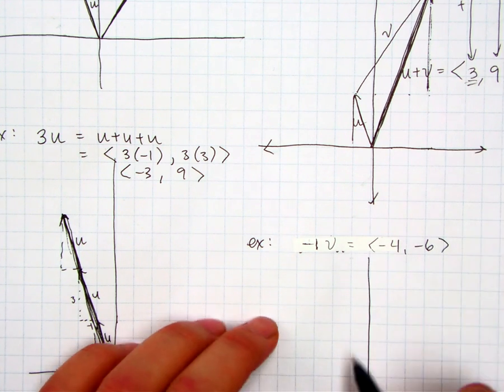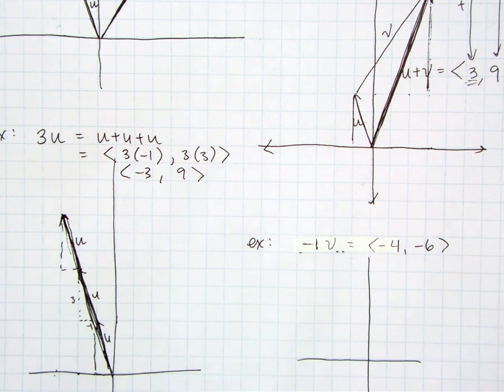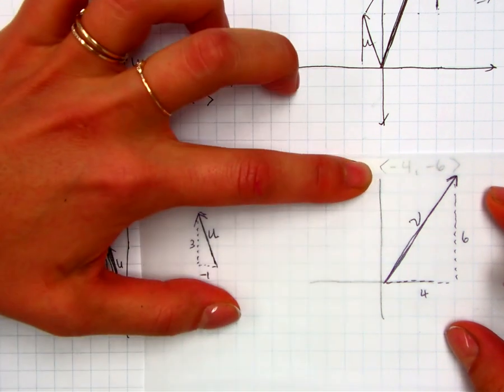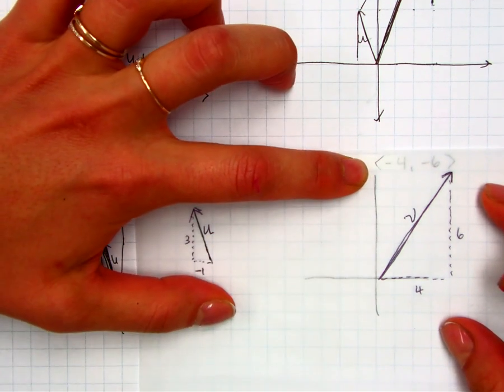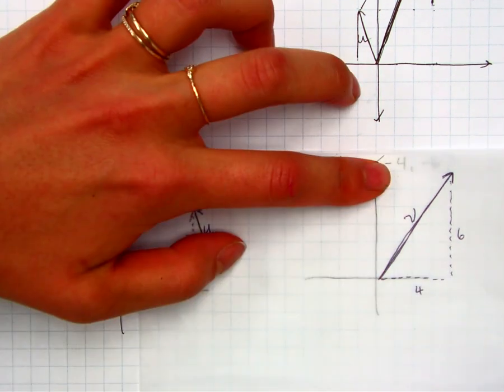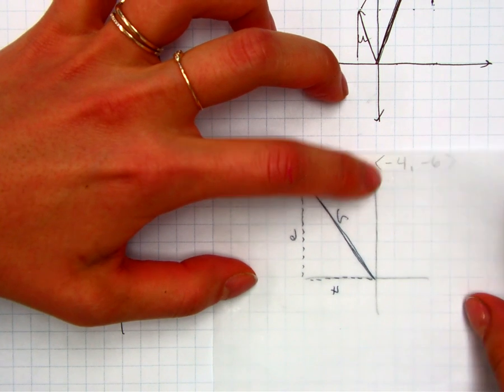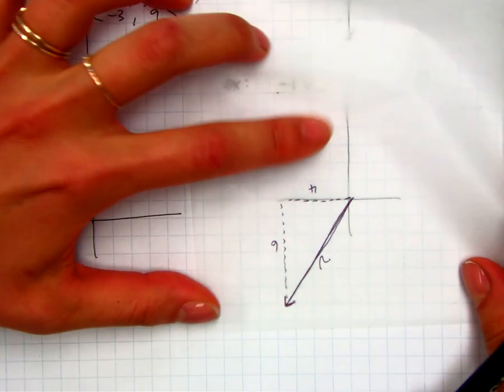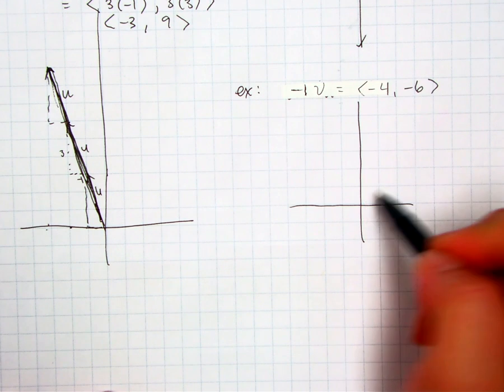So that vector in comparison, from here, instead of going +4, +6, it's going to go -4, -6. So my vector -v is going to be way down here. It's going to flip.